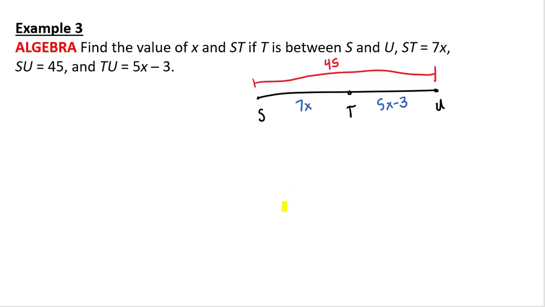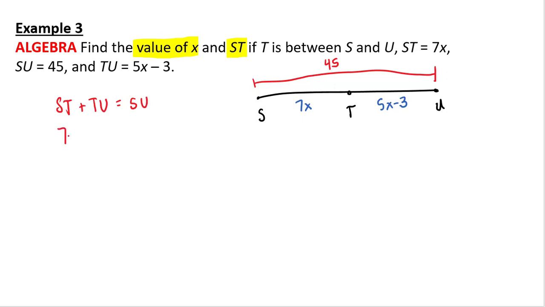Something that you need to understand is we're doing two things here. We're finding the value of x and ST. So we know that the two smaller segments, ST plus TU equals SU.